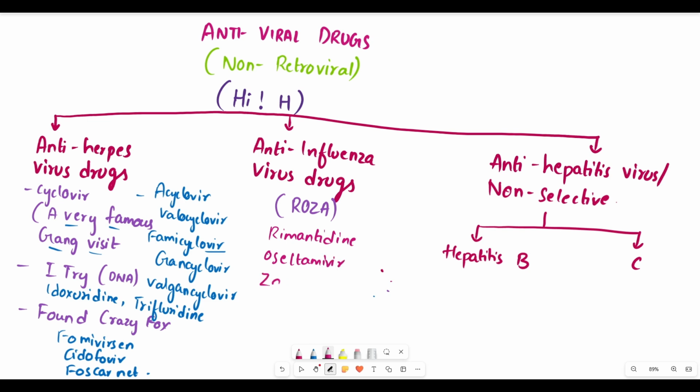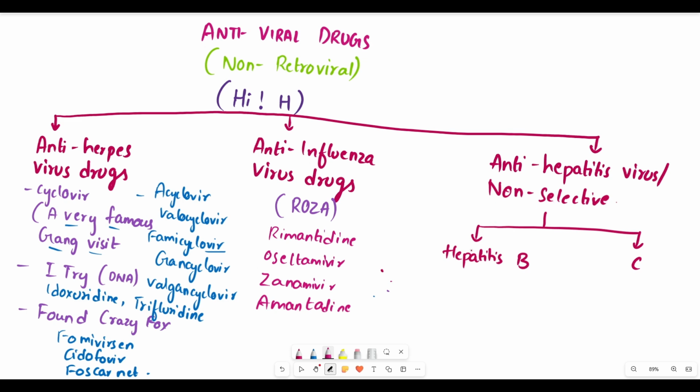Z means it is zanamivir. A means it is amantadine. So, ROSA for anti-influenza virus drugs. R means rimantadine. O means oseltamivir. Z means zanamivir. A means amantadine.